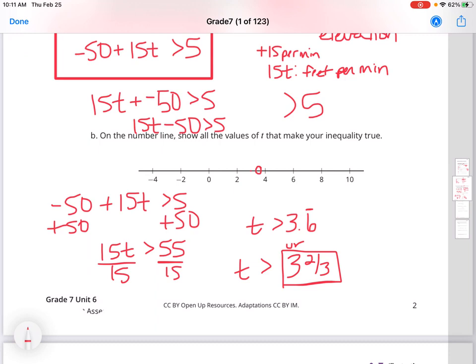And I know t can be anything that's greater than 3 2/3. So my greater symbol tells me that my arrow needs to point to the right. And because 3 2/3 would not make the inequality true, since it's not greater than 3 2/3, then my circle would stay open, so it would not be filled in.